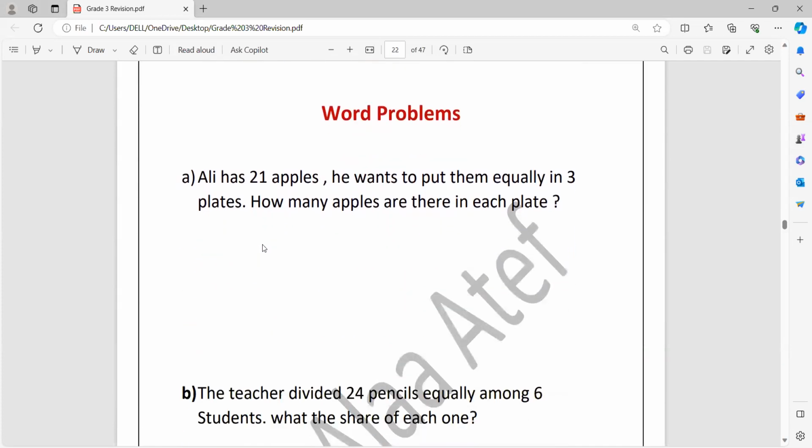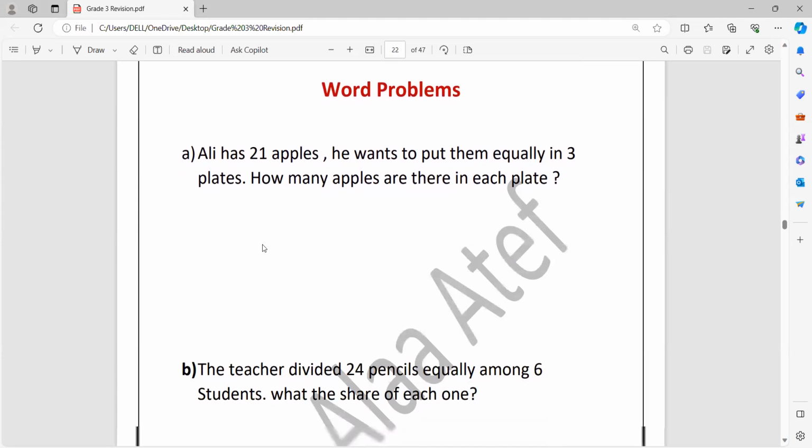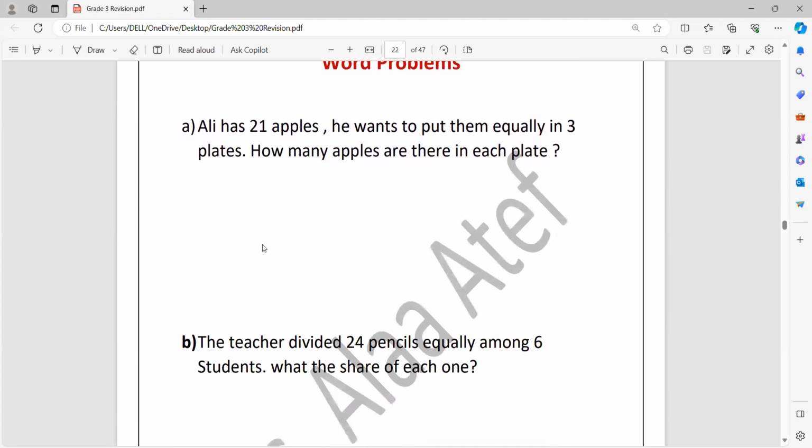What if he gave me some word problems or story problems on division? You are going to find that we have words that mean division. We said division means I want to make a distribution for the number. So if you want to distribute or share the number, you must share it equally or fairly.